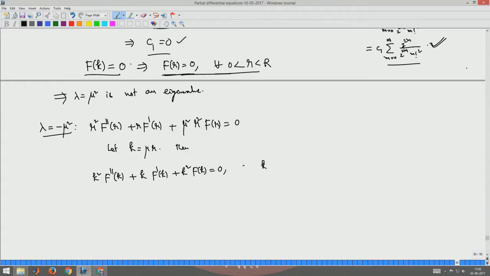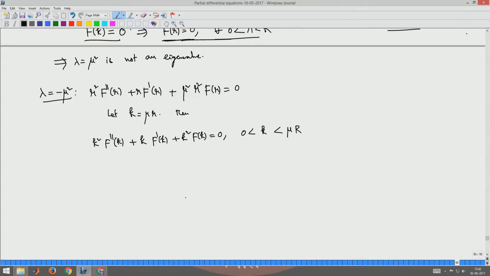Now, k is between 0 to mu R. So, this is the Bessel equation, with the domain from 0 to mu R. You know the solution f of k, which is equal to C1 J0 of k plus C2 Y0 of k. This is the Bessel equation with alpha equal to 0, so the general solution is this.